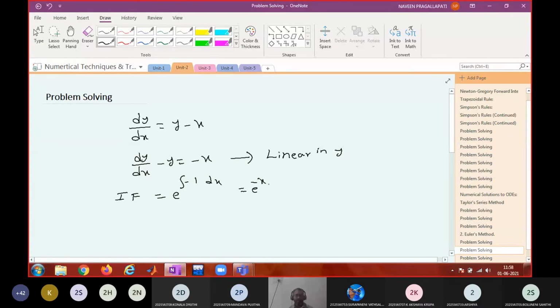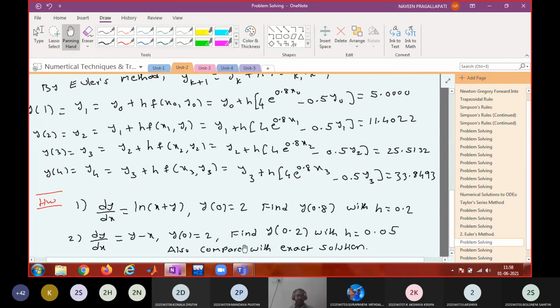You know how to solve a linear differential equation once the integrating factor is known. Then you will get a general solution which contains a c. Find the value of c using the condition: put x equal to 0 and y equal to 2. Then you get y in terms of x.